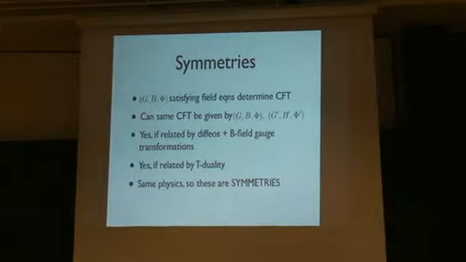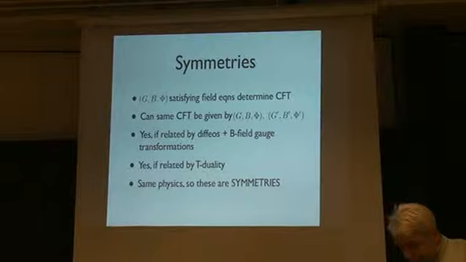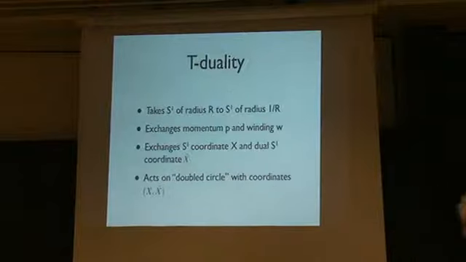And since they give the same physics, these must be regarded as symmetries of the theory. One of the things I'll be talking about is trying to show why these are symmetries and deriving this in more detail. But T-duality is a rather remarkable symmetry.